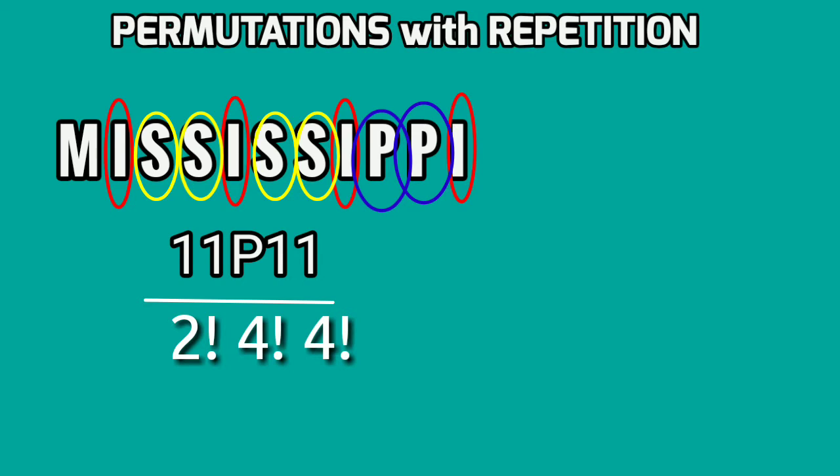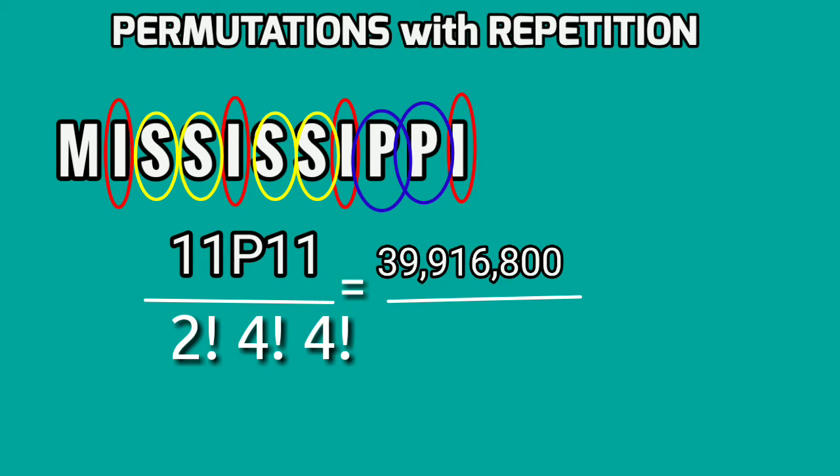And 11P11 is 39,916,800. And we're dividing that by 2 because 2 factorial means 2 times 1. And 4 factorial, which means 4 times 3 times 2 times 1, which is 24. And then dividing by 24 again.